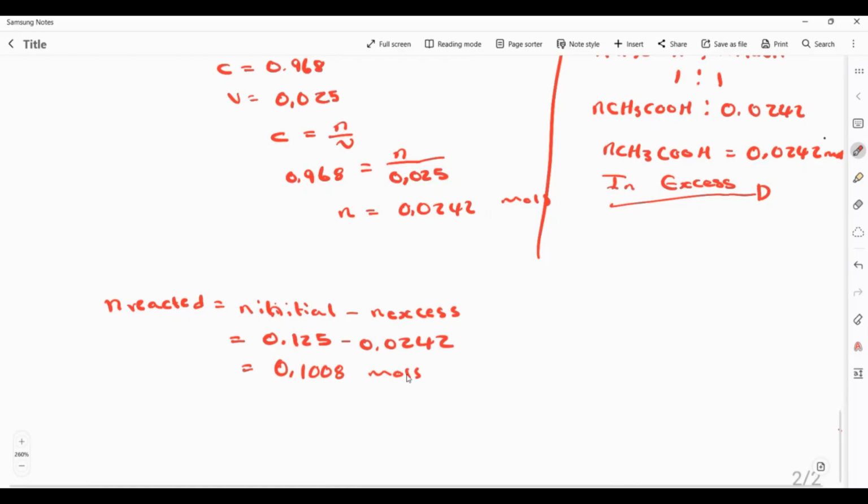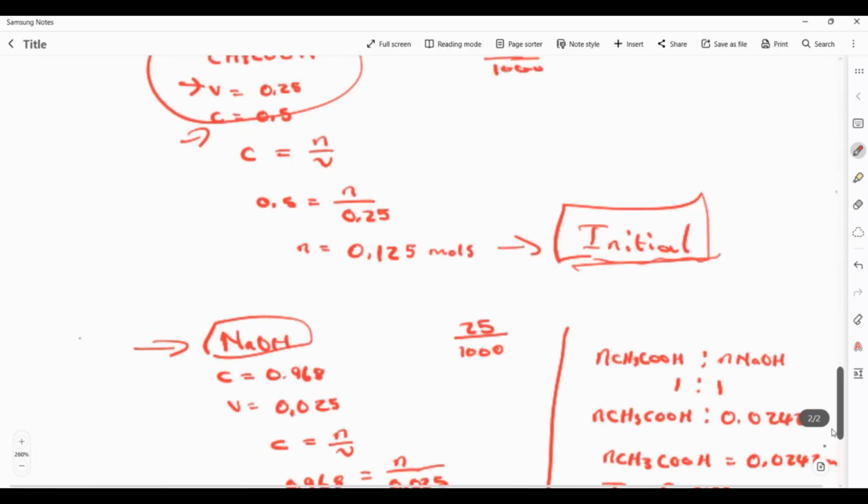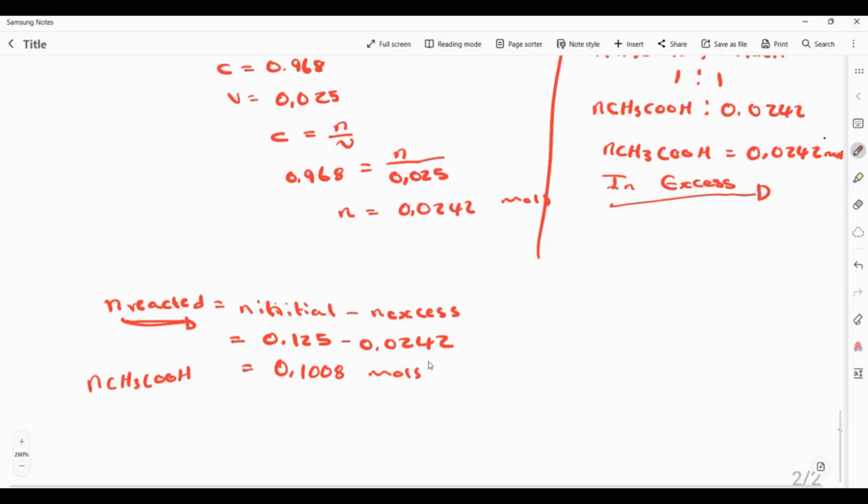Now, having found the number of moles, don't forget that this is the number of moles of CH3COOH. These are the number of moles that have reacted. They reacted with CaCO3, calcium carbonate. So if I use the stoichiometric ratio between this one and that one, I'll find the number of moles of calcium carbonate that have reacted.